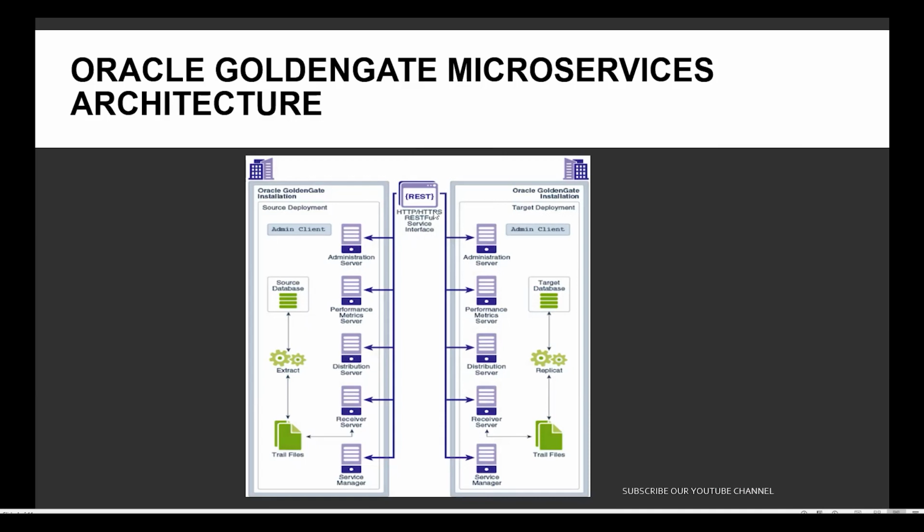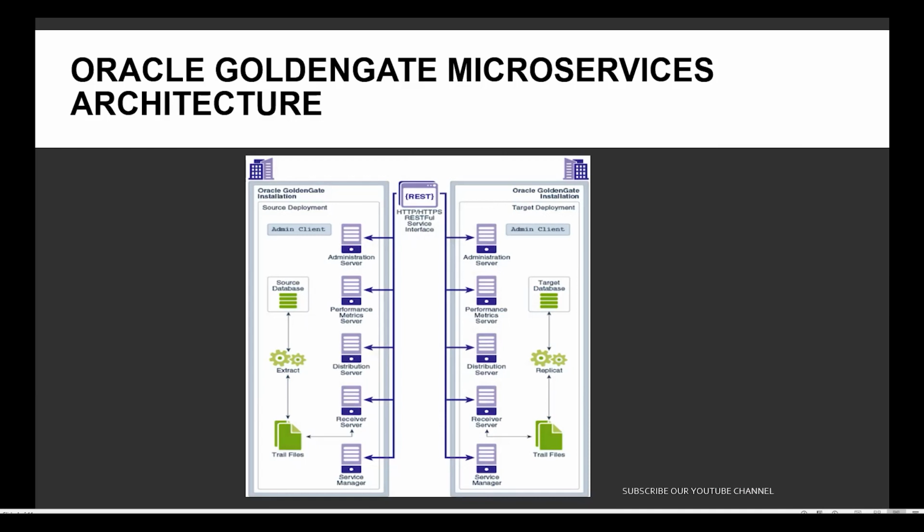Using the REST API, that is Representational State Transfer, GoldenGate microservices works on the principle of REST API, which you can use through either a secure or non-secure HTTP or HTTPS RESTful service interface.